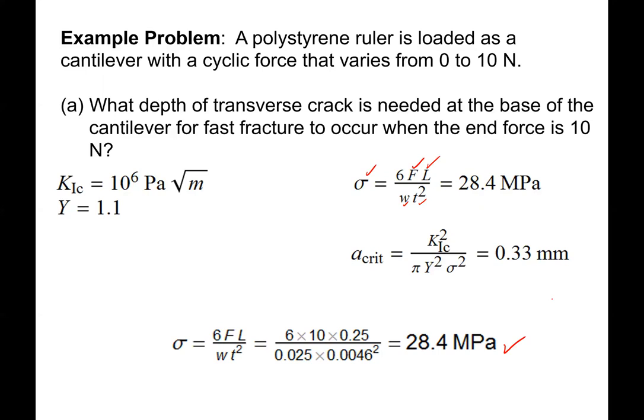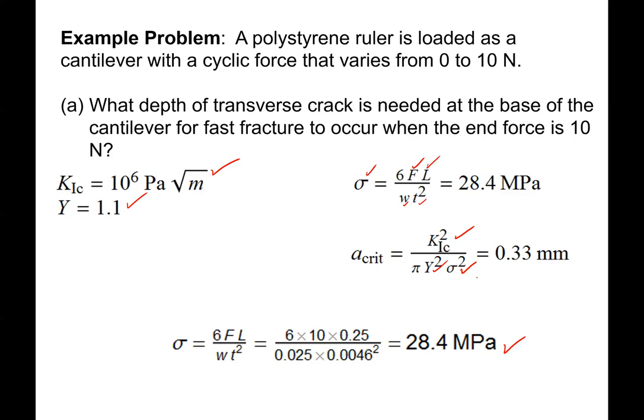We can use the fracture toughness for polystyrene that we look up, and the Y value in this case is 1.1. So we can plug in the fracture toughness, the Y, and the stress, and we'll get our critical crack length of 0.33 millimeters.